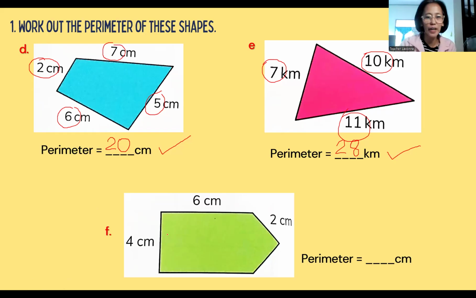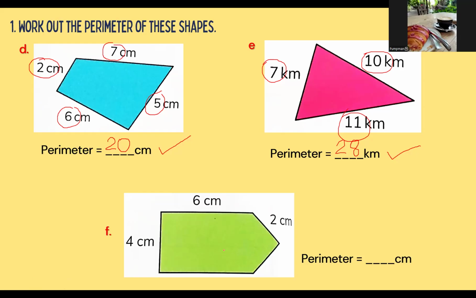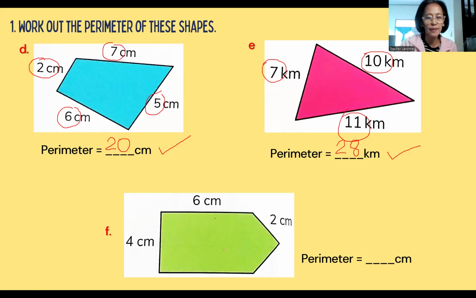Look carefully at the shape. Zaleng, 14 cm. Okay, Ayun said 20 cm. Latte, 20 cm.